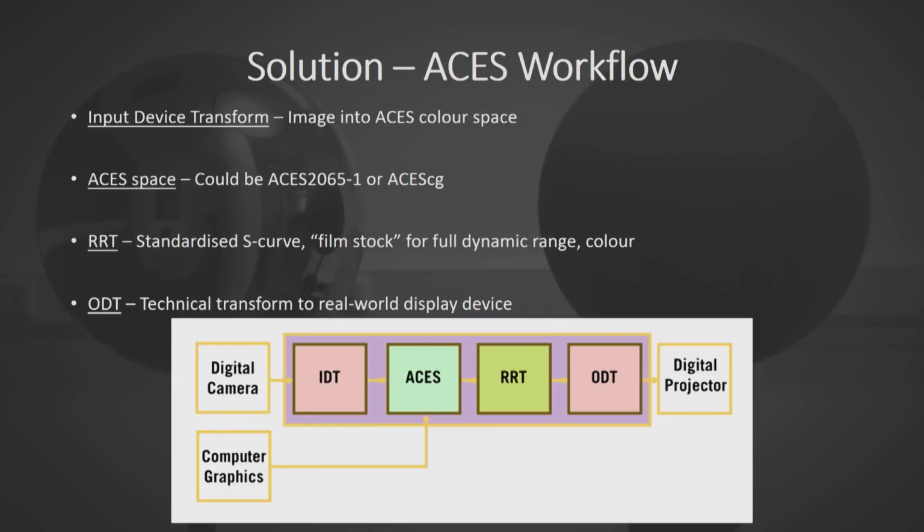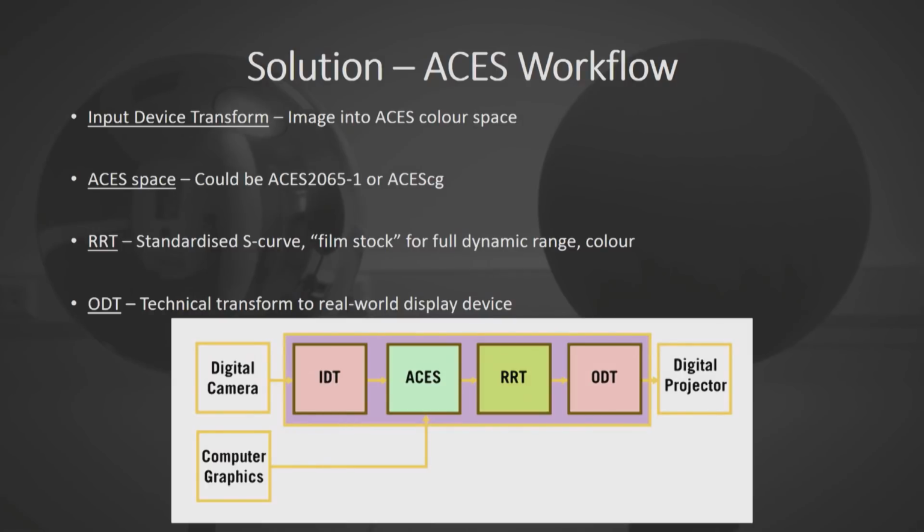So broadly speaking, the ACES workflow is we go from something which could be any color space, and transform that into the ACES color space with an input device transform. Once we're in the ACES color space, we could use an ultra-wide gamut one called ACES 2065-1, which is a massive, massive color space that uses imaginary colors to make sure that we encompass all of the spectral locus.